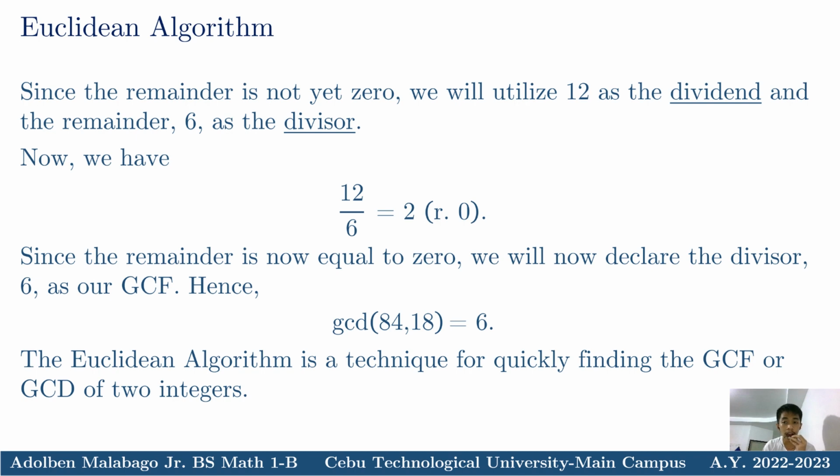So that is how we get the GCF of two integers through the Euclidean algorithm. This is basically one of the quickest ways to get the GCF between two integers. And now, in order to understand completely what this Euclidean algorithm is all about, let's have another example to get the gist of this algorithm.